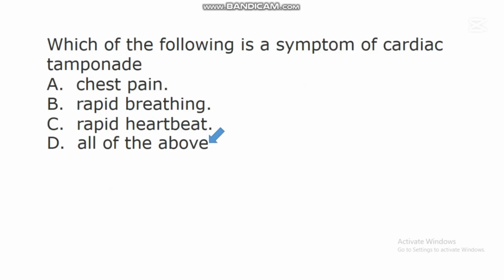When an individual is suffering from this problem known as cardiac tamponade, he or she will experience chest pain, there will be rapid breathing, there will also be irregular heartbeat or rapid heartbeat. All these things are symptoms of this heart problem known as cardiac tamponade in people.